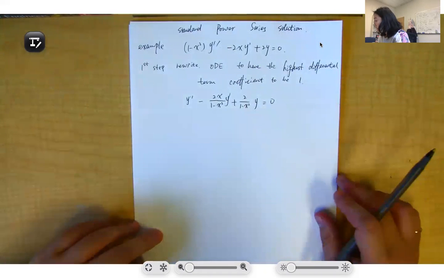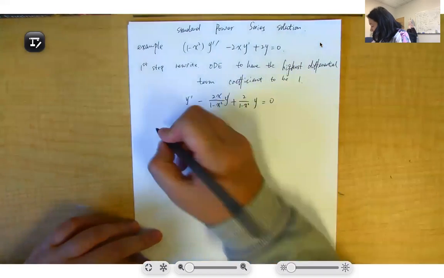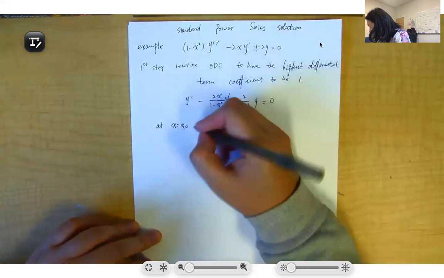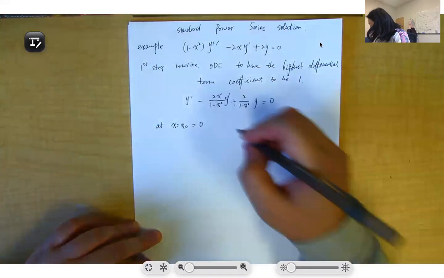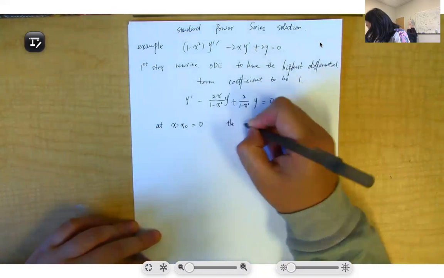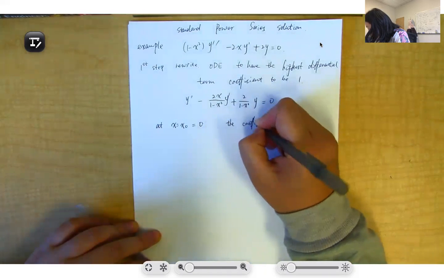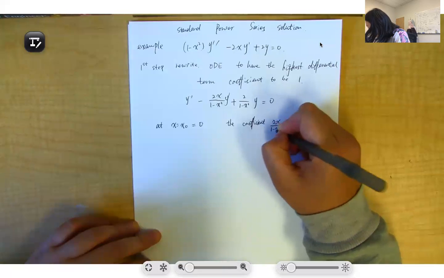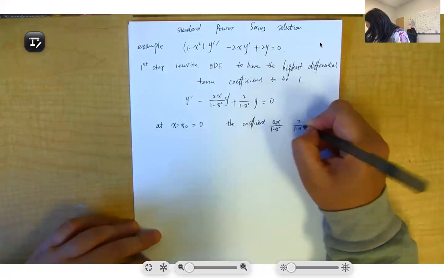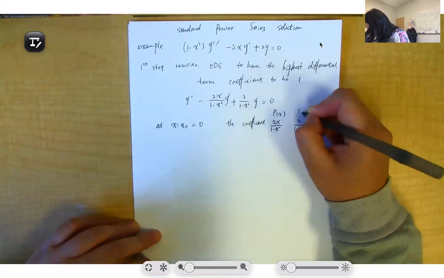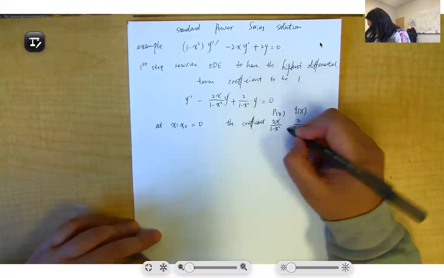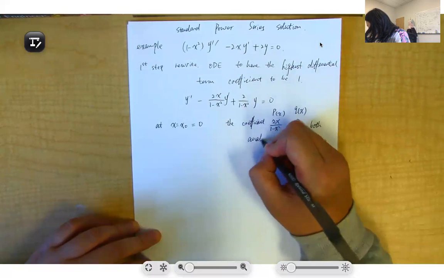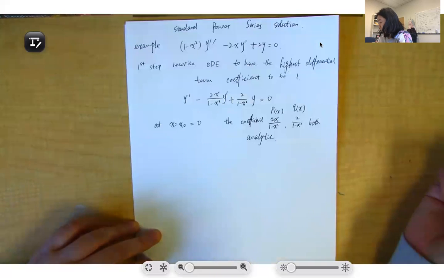Okay? Then let's see at x equals to x naught. When x naught equals to 0, the coefficients 2x over 1 minus x squared, 2 over 1 minus x squared, this is the px, this is the qx, are both analytic.